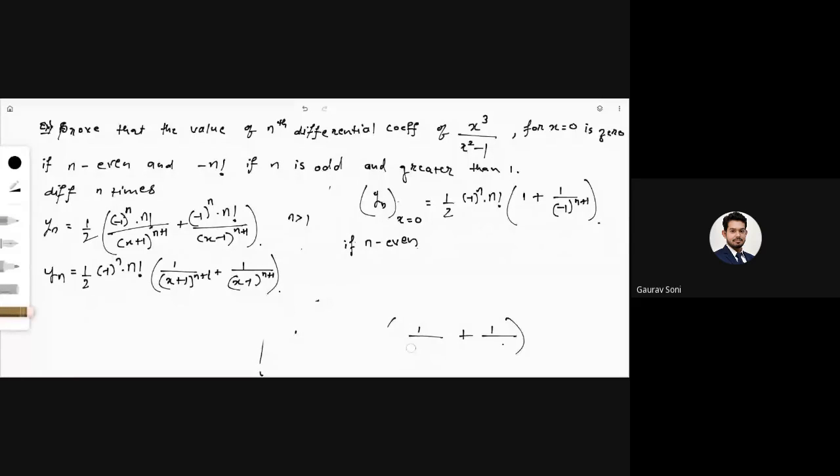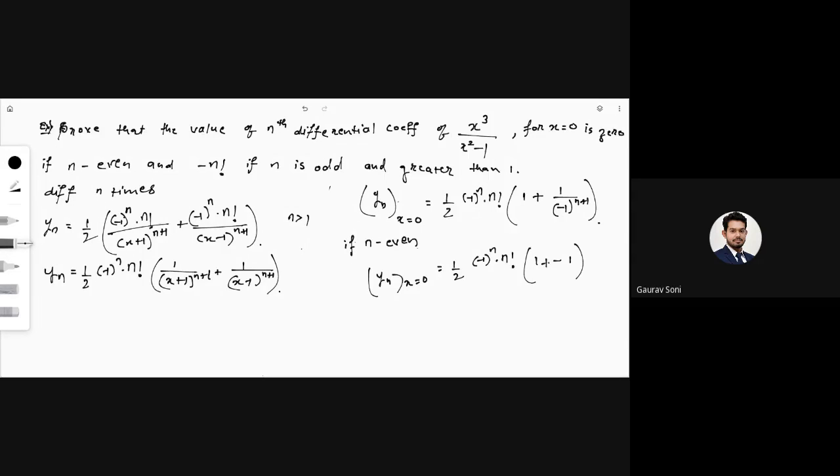Minus 1 raised to even plus 1 is odd. So we have yn at x equal to 0 is equal to 1 by 2 minus 1 raised to n factorial in bracket 1, and this will become minus 1.